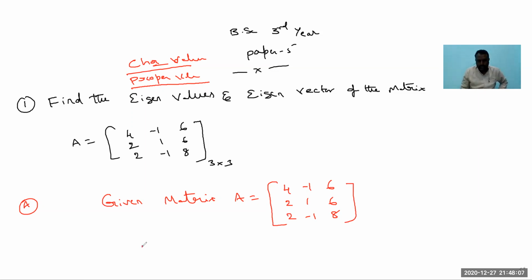The characteristic equation of A is mod A minus lambda I equal to 0. So you can write the diagonal elements: determinant of 4 minus lambda, minus 1, 6; 2, 1 minus lambda, 6; and 2, minus 1, 8 minus lambda.